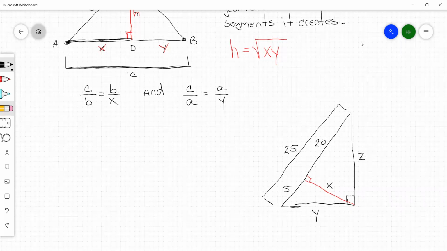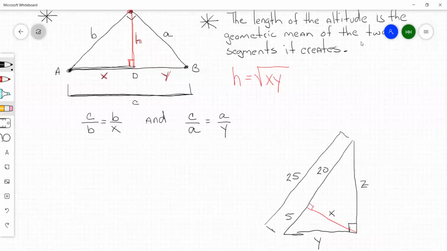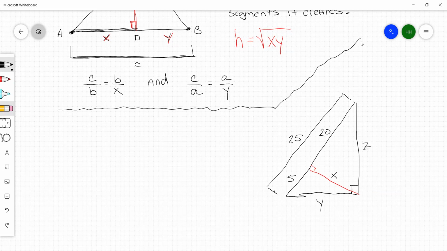And now let's look at the easiest rule that came from this last theorem. It said that this altitude was equal to the geometric mean of the two pieces it created, right? So can we apply that here to solve for x? What's x going to be equal to?